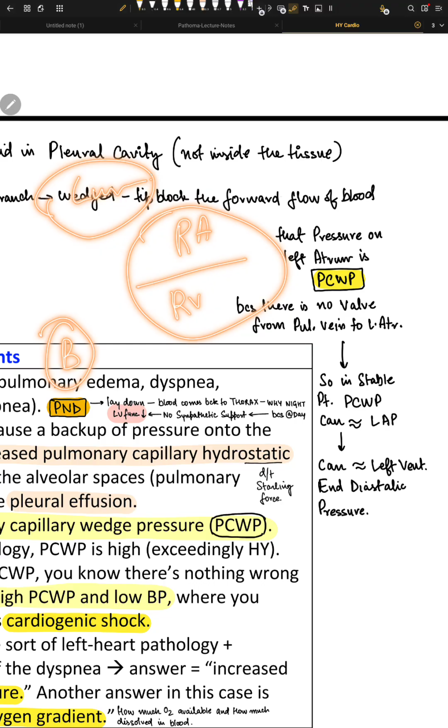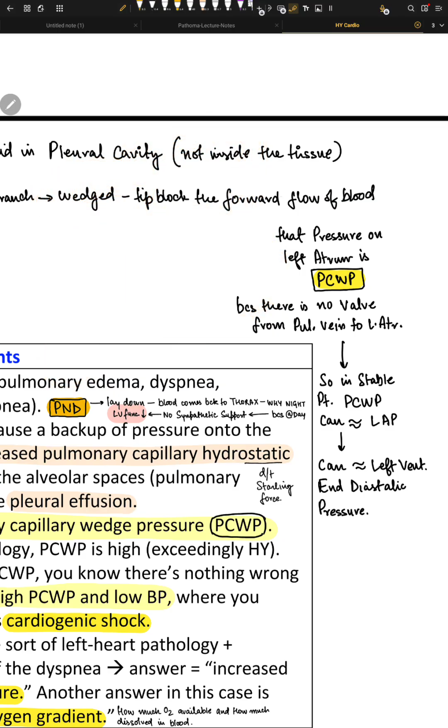And so here's the concept: we have this pulmonary vein. This is the pulmonary vein, and there is no valve here, there is no valve here. So this is communicating directly. We can think that this plus this vein is one chamber, because there is no blockage. So there is no valve from pulmonary vein to left atrium.